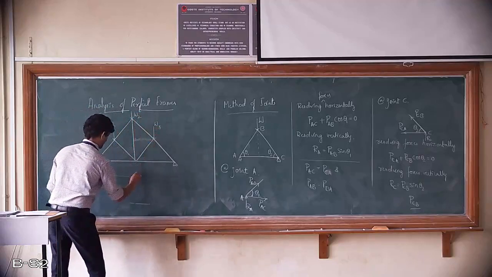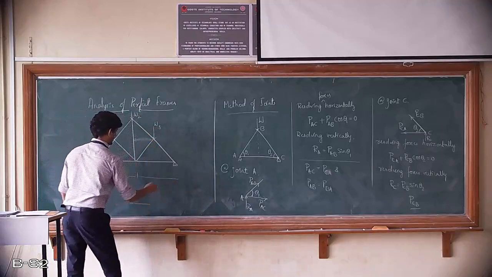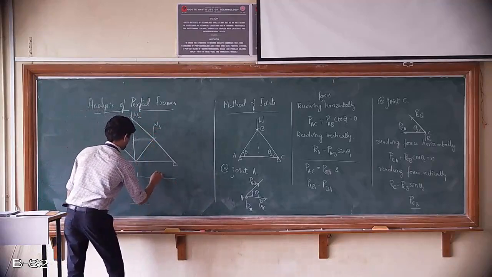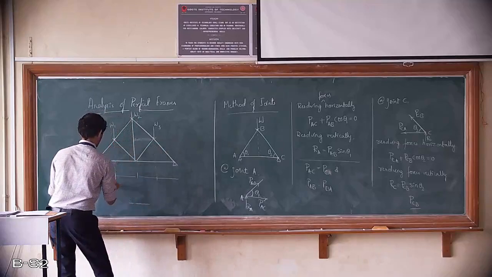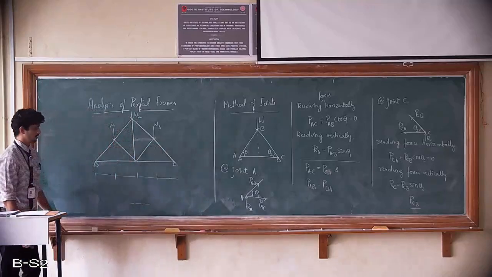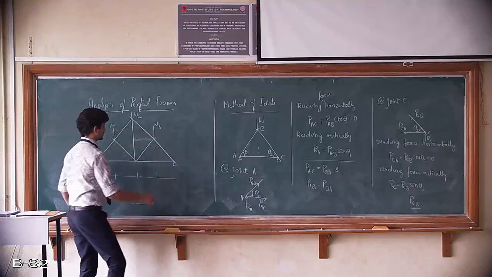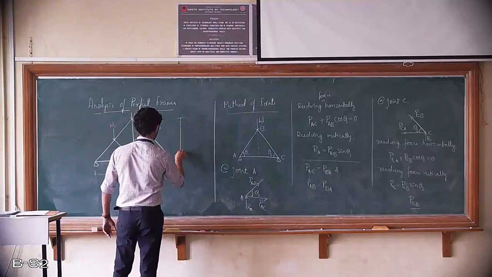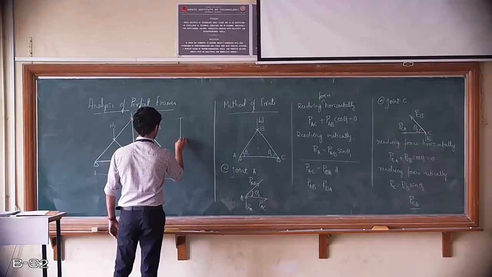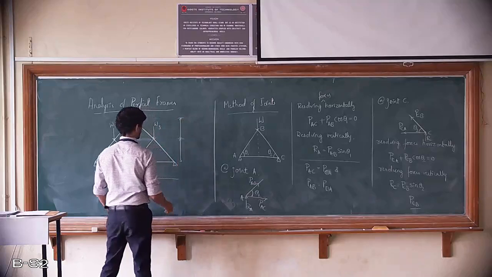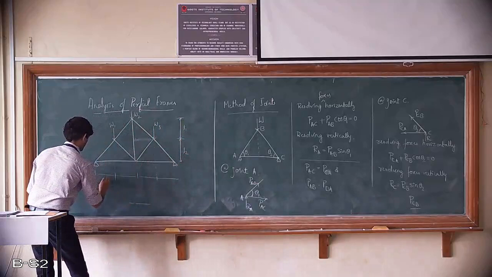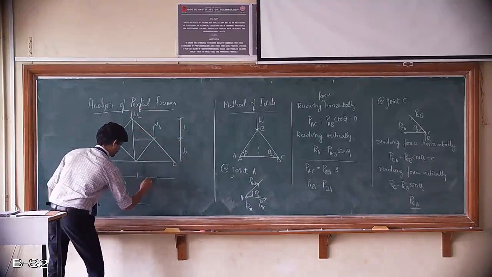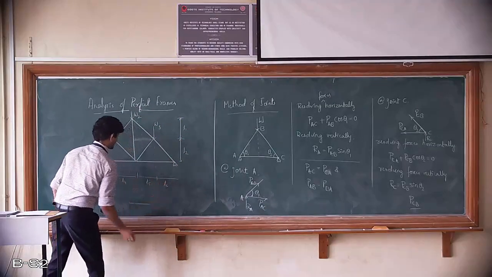Let us define the length of each element as well. So let us define, and also let us define this vertical distance between the joints. Suppose L1, L2, L3, L4, L5, L6.